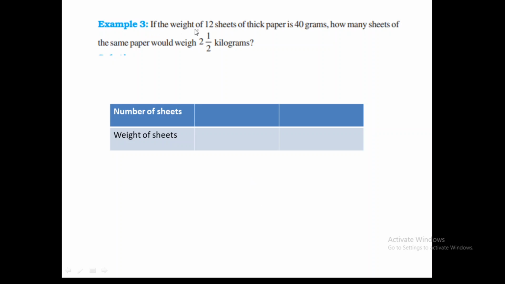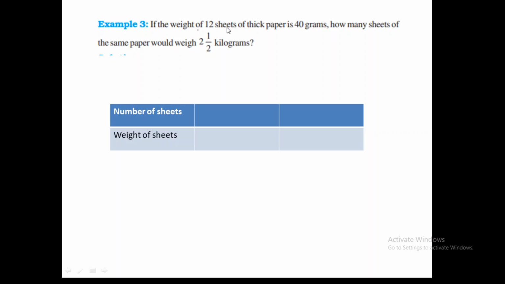If the weight of 12 sheets of thick paper is 40 grams, how many sheets of the same paper would weigh 2.5 kilograms? Look at the given things. Two things are given: the weight of the paper sheets and the number of sheets.